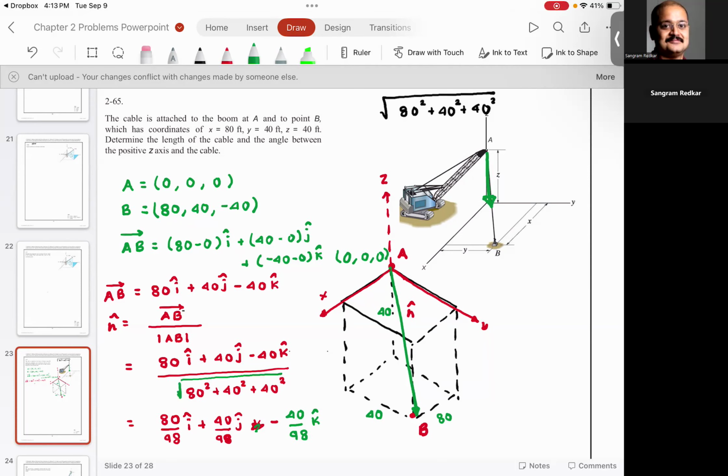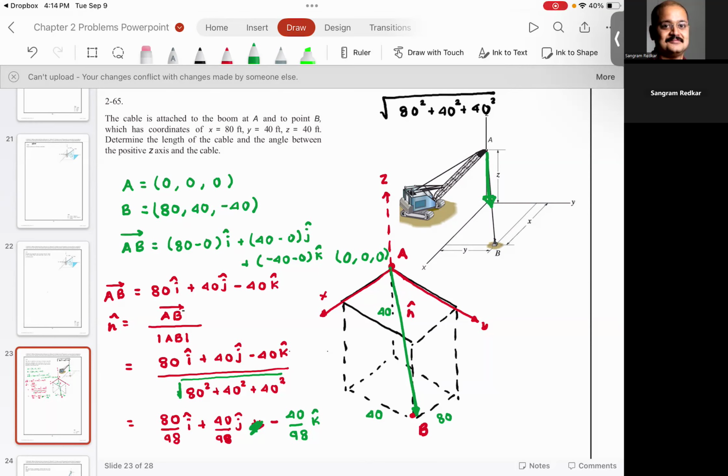For some reason, my pencil didn't work. What is this? Cosine theta x. What is this? Cosine theta y. What is this? Cosine theta z.